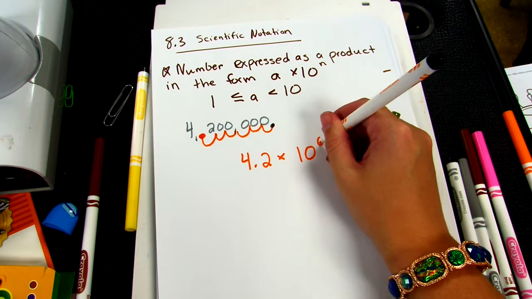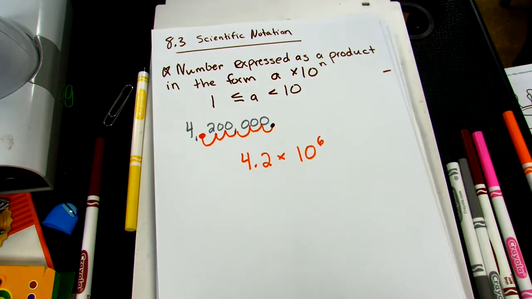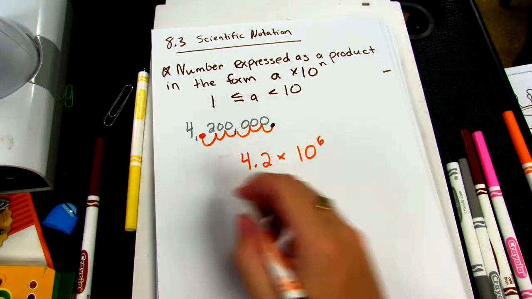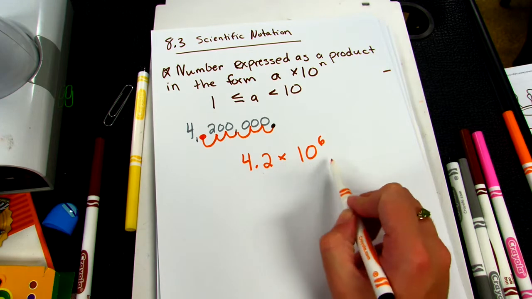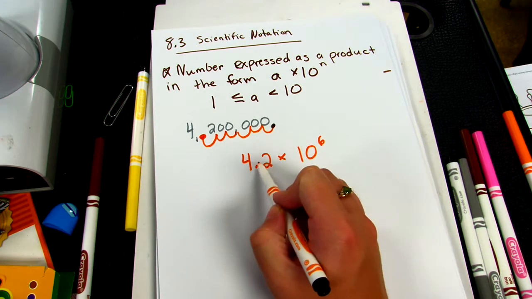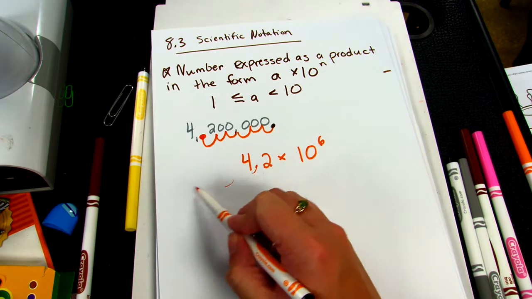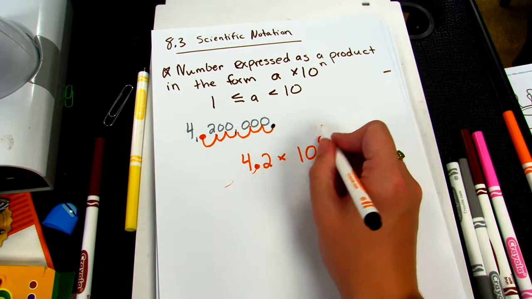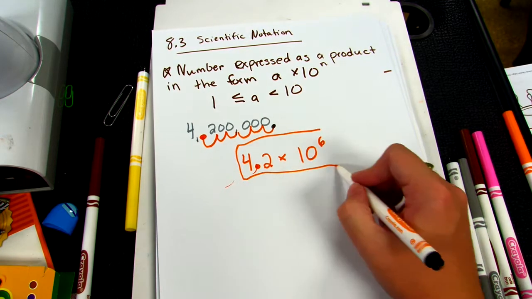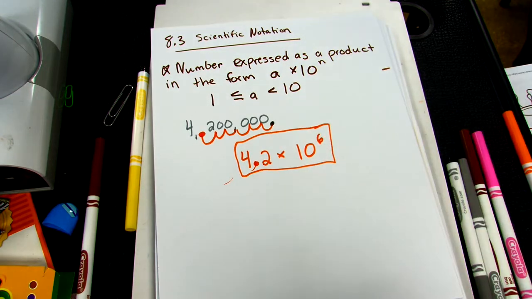So the n is 6, okay, but one more thing. Is it positive 6 or negative 6? Well, if it was positive 6, that means this number is really big. If it was negative 6, that means this number is really small. Since our original number was really big, it's positive 6. So our answer is 4.2 times 10 to the 6th power.